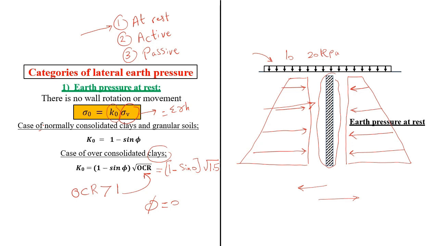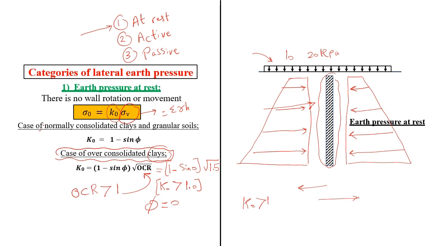For these cases, you will see that KO generally will be greater than 1. So for over-consolidated clays, in some cases you will have KO greater than 1.